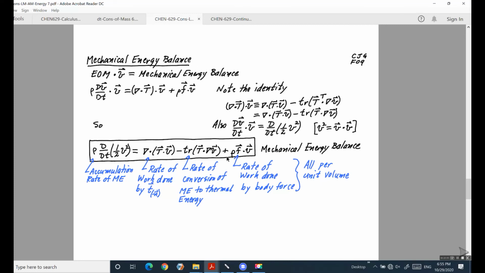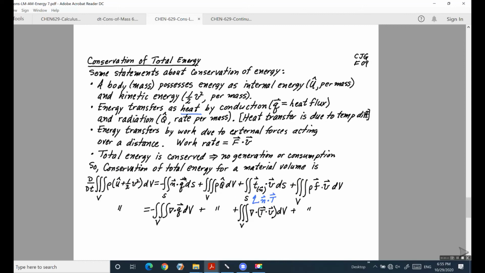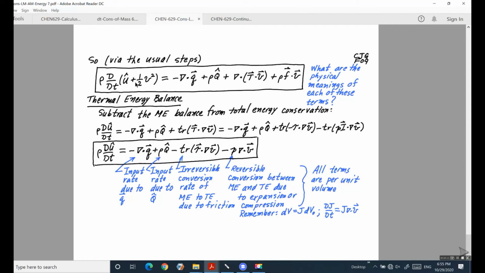When we multiply the linear equation of motion by a dot product with V, we can obtain the mechanical energy balance like this. Then we can write our total conservation of energy by this formula.